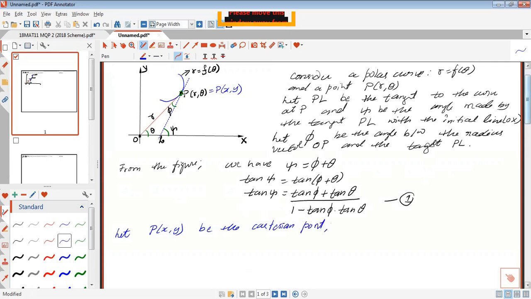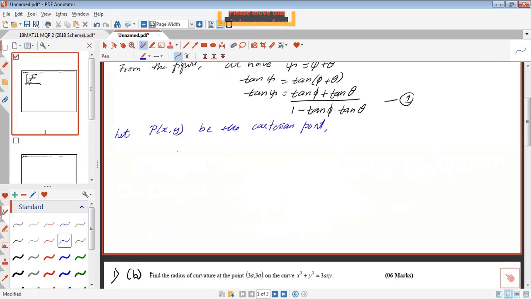Then we have the relationship between Cartesian and polar coordinates, that is x is equal to r cos theta and y is equal to r sin theta, right?